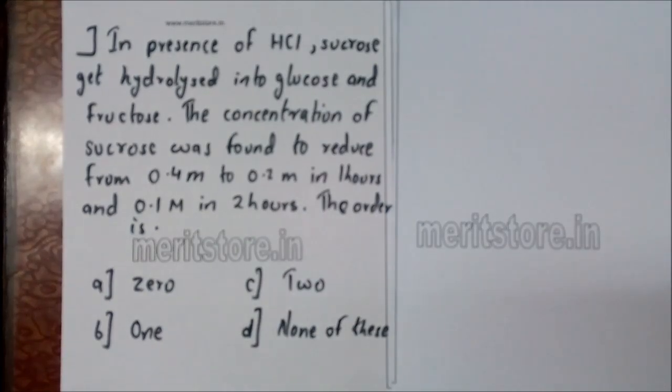In presence of HCl, sucrose gets hydrolyzed into glucose and fructose. The concentration of sucrose was found to reduce from 0.4 mole to 0.2 mole in 1 hour and 0.1 mole in 2 hours. The order of the reaction is.